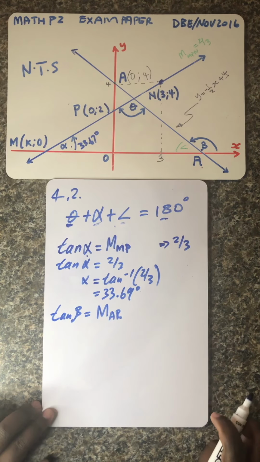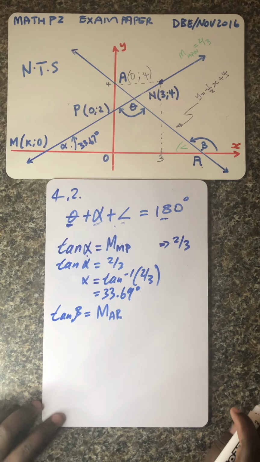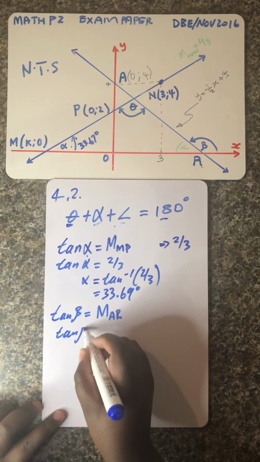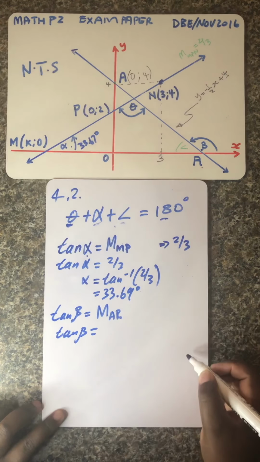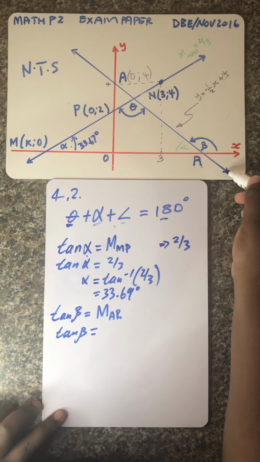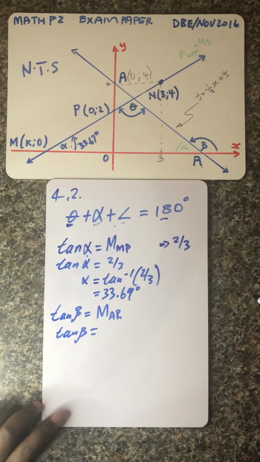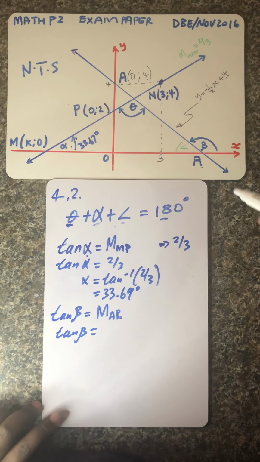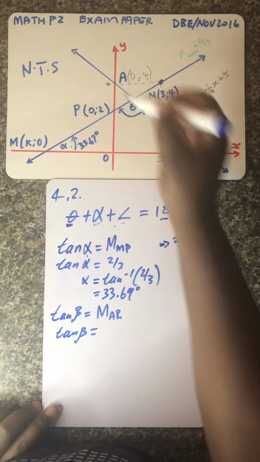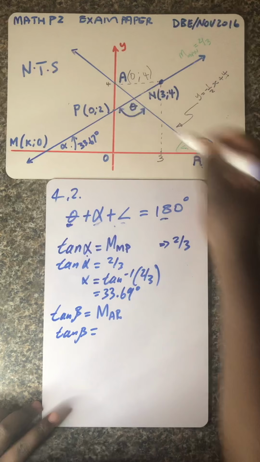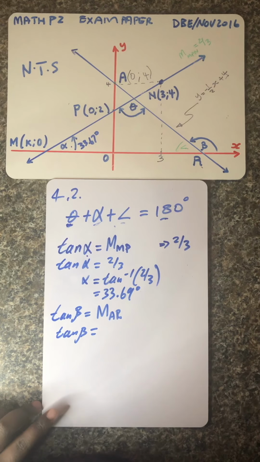Let's see. We just substitute: tan beta is equal to the gradient. I won't have to go deep into showing you where the gradient of that line comes from.